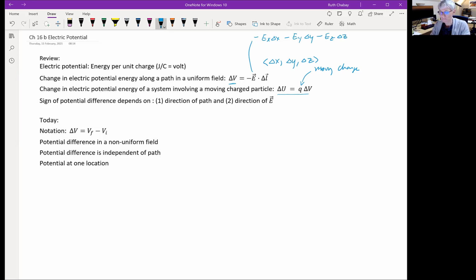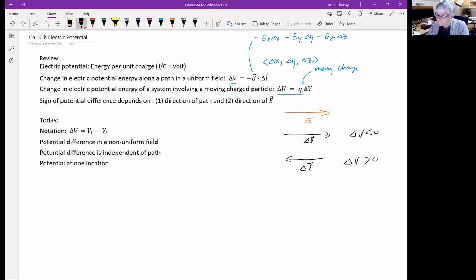The sign of the potential difference depends on the direction of the path and the direction of the electric field. If your path was in the direction of E, delta V was less than 0. If your path was opposite to the direction of E, then the potential difference was greater than 0.